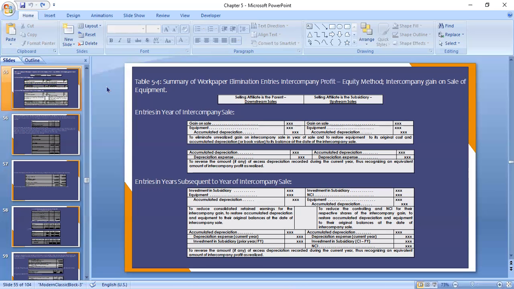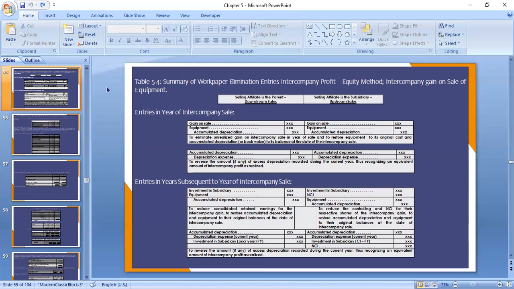And here, under the equity method, if the selling affiliate is the subsidiary, we debit investment in subsidiary, debit non-controlling interest, and credit equipment and accumulated depreciation.